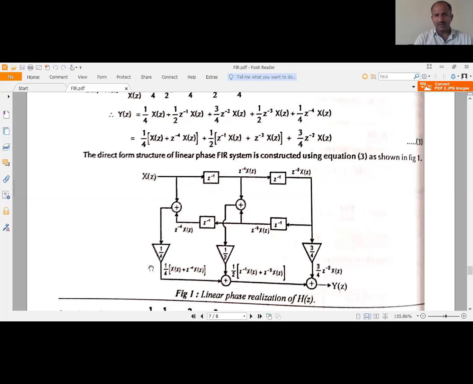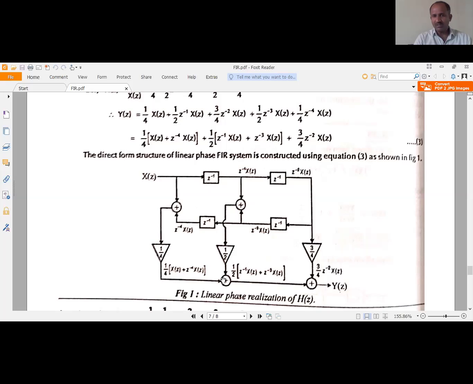That will be 1 by 4 into x of z plus x of z into z power minus 4, multiplied with this 1 by 4. And here z power minus 3 into x of z plus z power minus 1 into x of z, that is multiplied with 1 by 2. And this 3 by 4 into z power minus 2 into x of z.